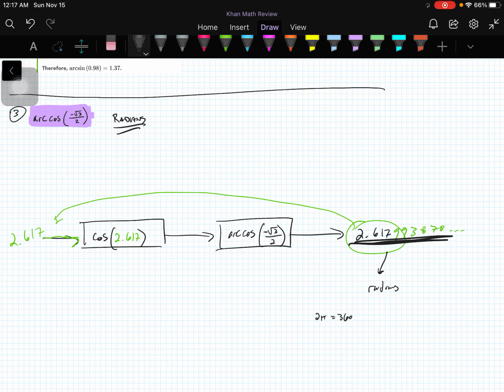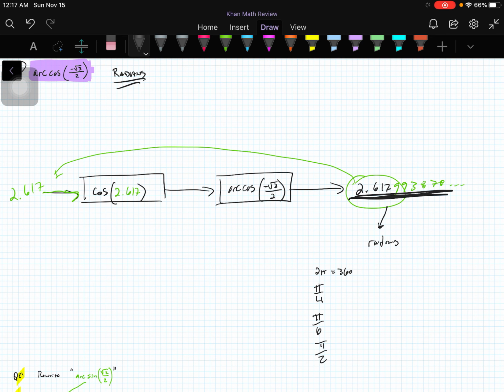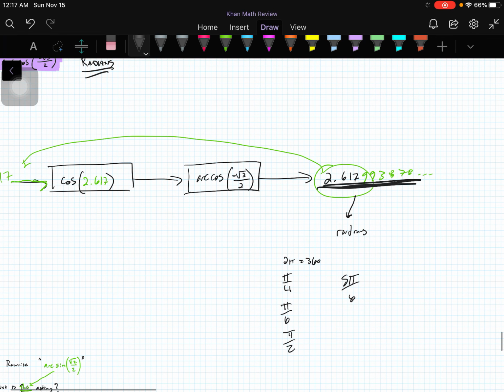I'm going to throw out all the different pi's here: pi divided by 4, pi divided by 6, pi divided by 2, etc. But you always see even 5 pi over 6 and all these different numbers in the unit circle that represent the angles.